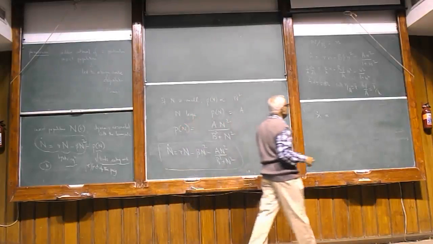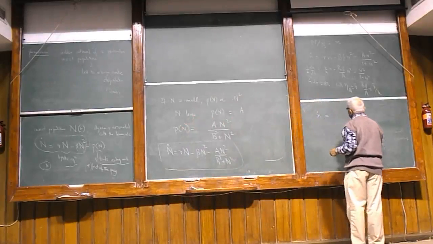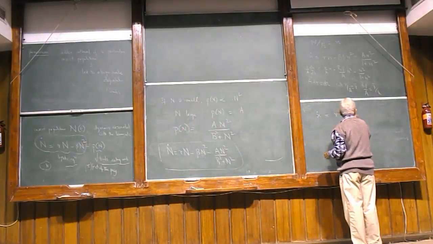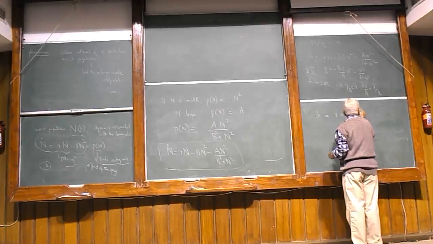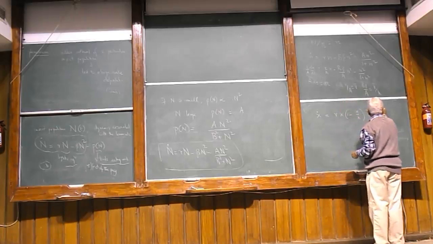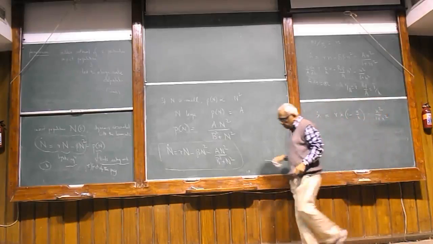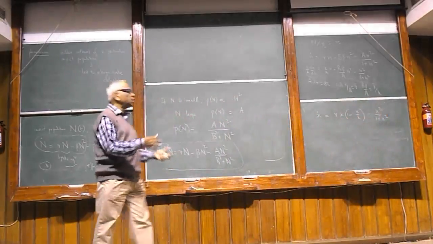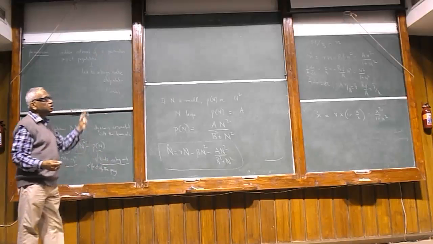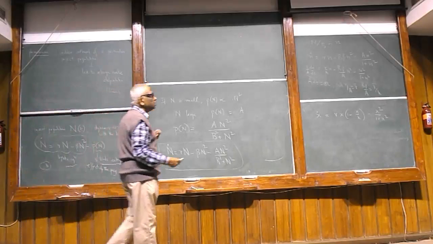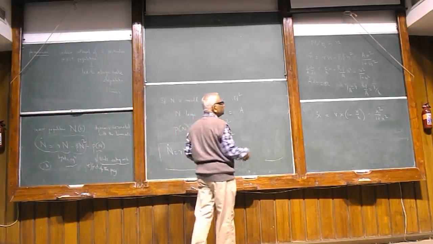So x dot, and once again, I write r instead of r bar, so you write r times x into 1 minus x over k minus x squared over 1 plus x squared. So this is a particular non-dimensionalization. I could have done the non-dimensionalization in very many ways.